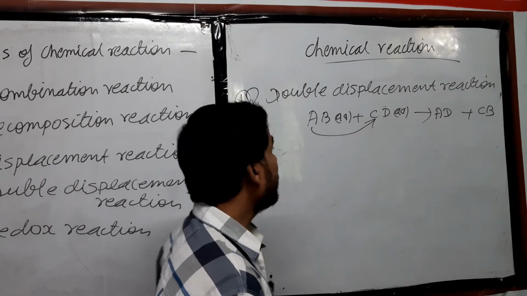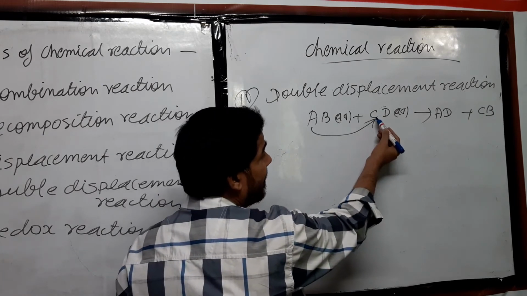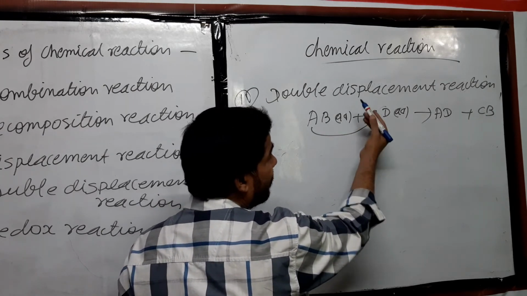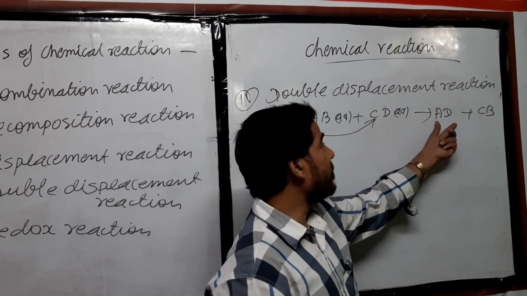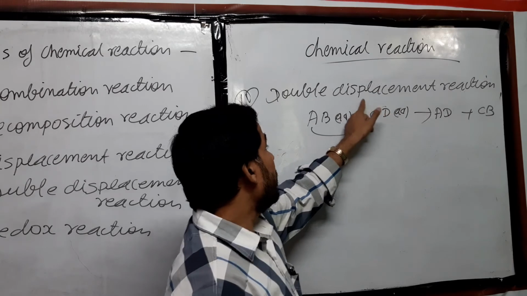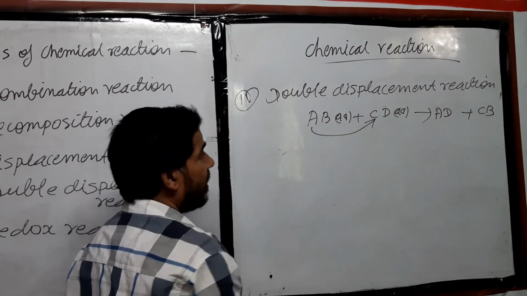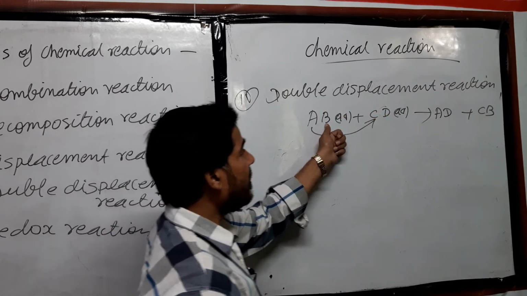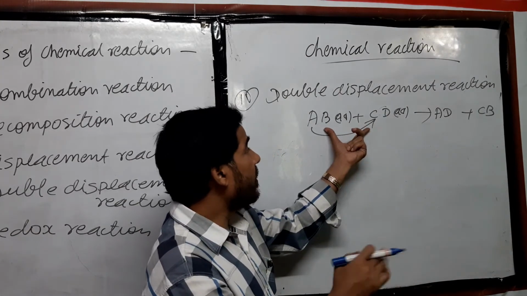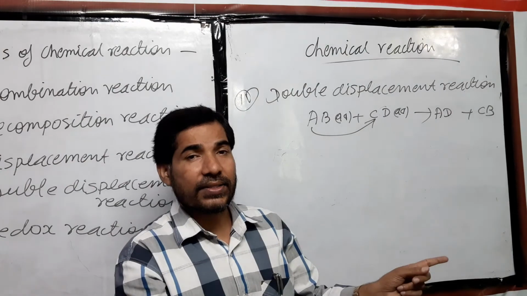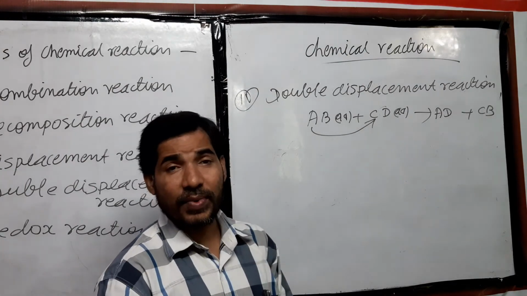But here, since A is more reactive than C, A displaces C from the CD compound. As a result, AD is formed, and C reaches the place of A, reacts with B and gives CB. Since both reactants exchange their radicals, this is an example of a double displacement reaction.